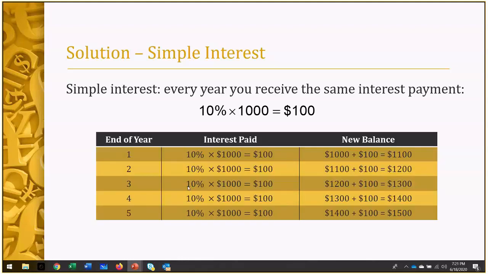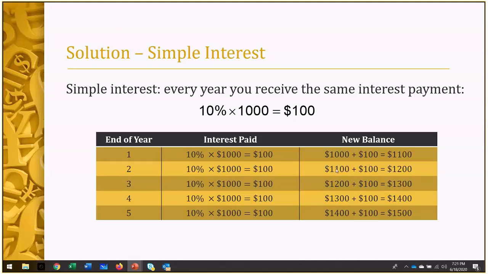So this is what it looks like. 10% of 1,000 is 100. So you started with 1,000 in your account, and then you made $100 in interest, and now your investment is $1,100, which is fine. Then year 2 comes around. You made 10% again. It's a simple interest account, so it's 10% of the principal only, which means you made another $100.